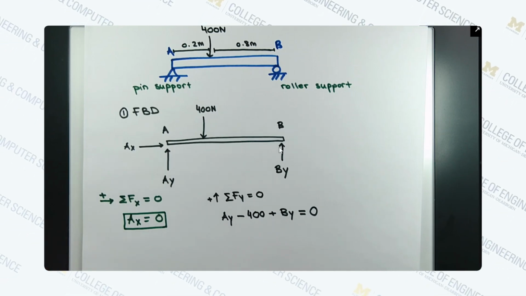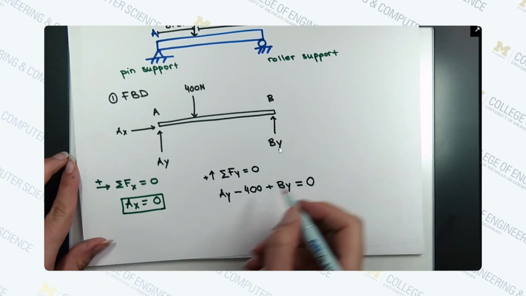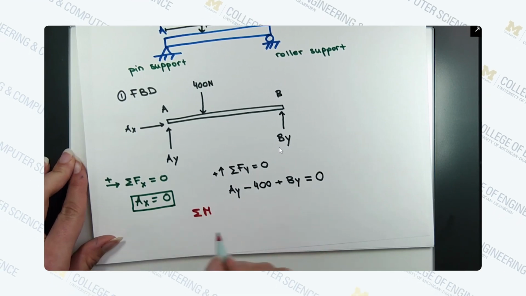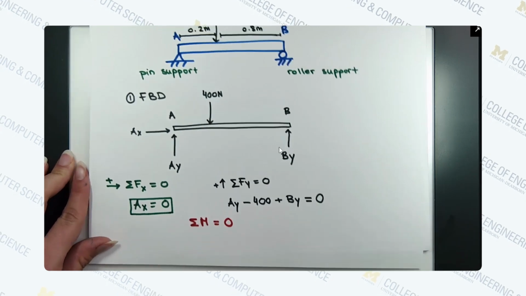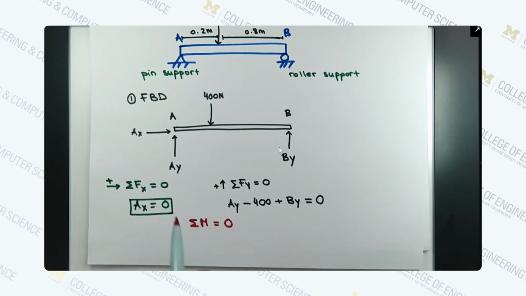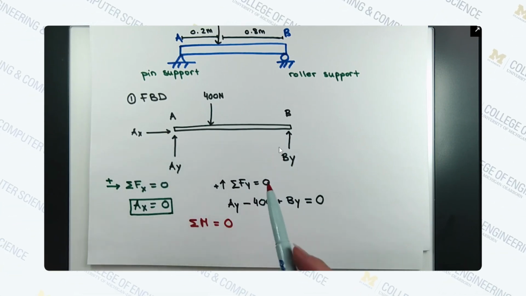And that will be the sum of moments. The sum of moments about a point, we can choose any point, is equal to 0. Now, a good way to choose the point you will be using is looking at which point has the most forces that we do not know.